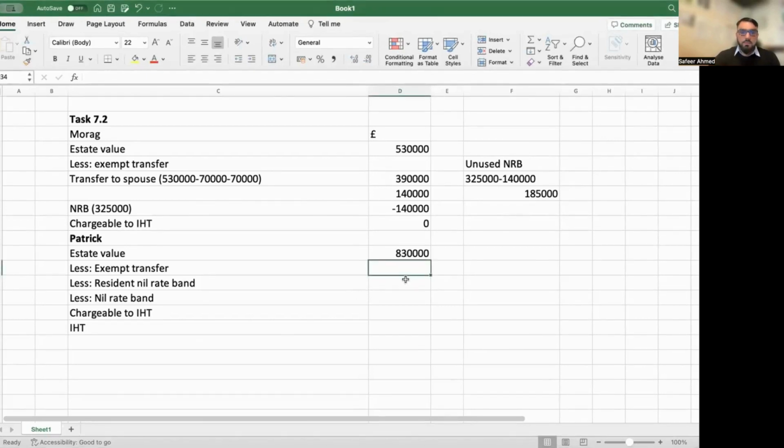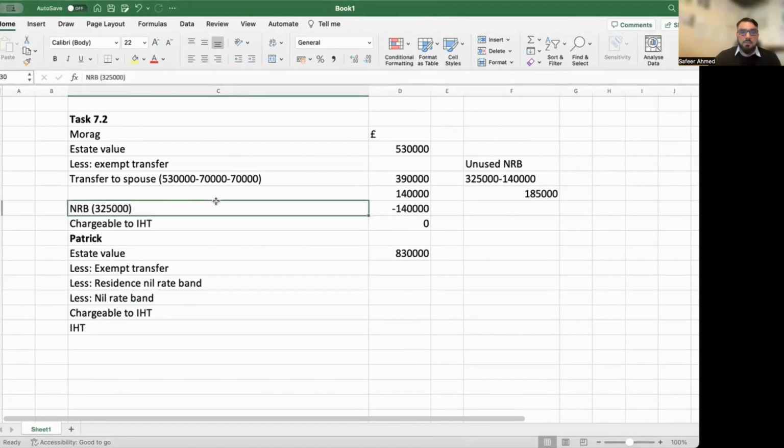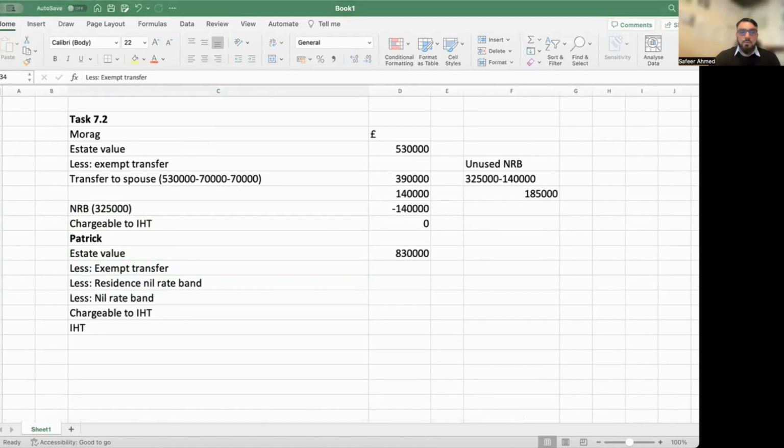Okay, so there is no exempt transfer, but there is also something else, which is the residence nil rate band. This is eligible if the estate has a house. In the first instance here, there was not any house, but in the case of Patrick, if you look at the information, they told us that the estate included a home valued at 300,000.